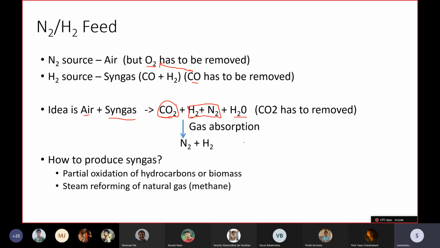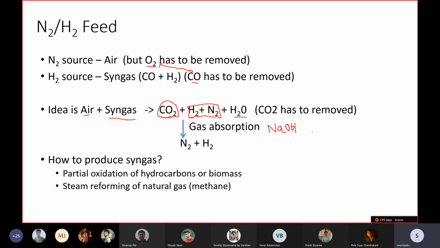If you use an amine solution or sodium hydroxide, NaOH solution, a concentrated liquid NaOH, CO2 reacts with NaOH and forms carbonates, and that way you can separate CO2.